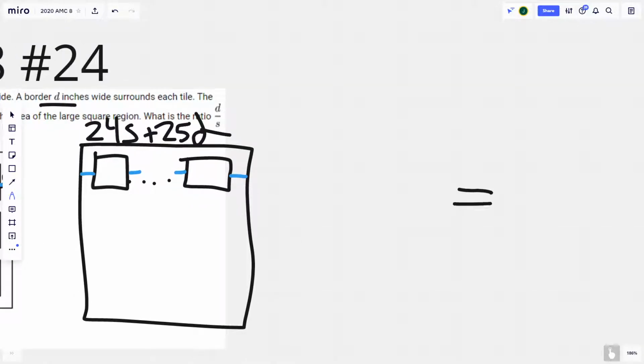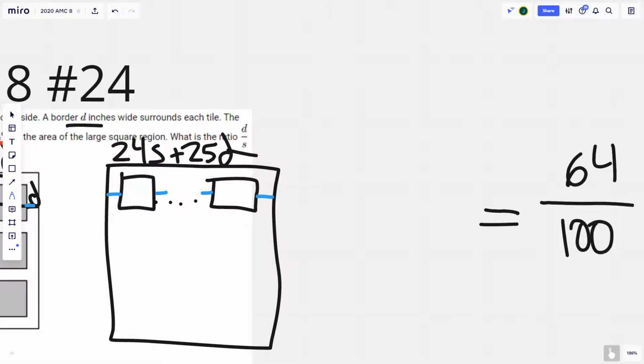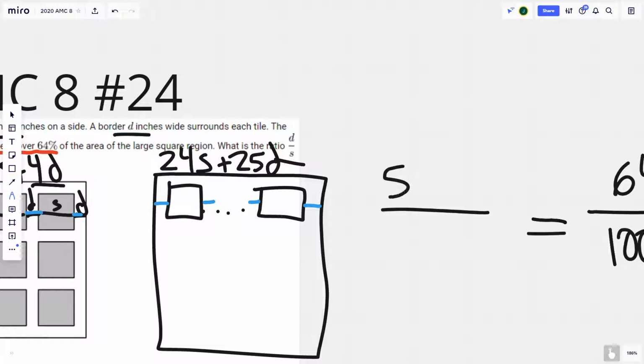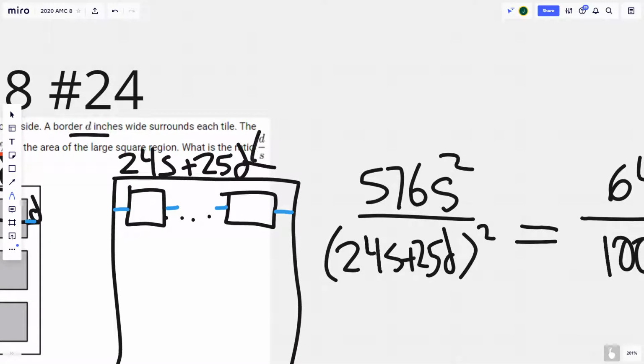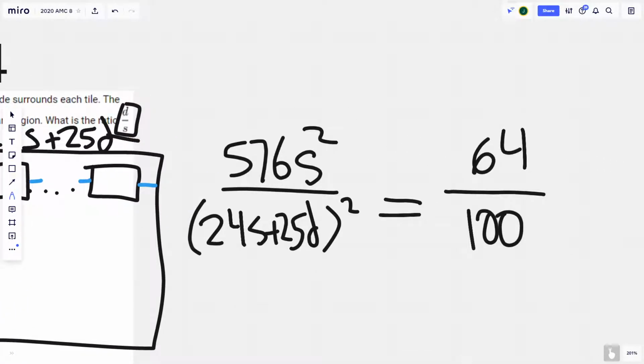So 64% we can write as 64 over 100, which is equal to the ratio of the total area of the 576 gray tiles, each with side length s, so 576 s squared, over the area of the large square region, which we just found the side length of, so (24s plus 25d) squared. Now we have to keep in mind that we are solving for d over s, so at some point we have to get s and d on separate sides and divide.